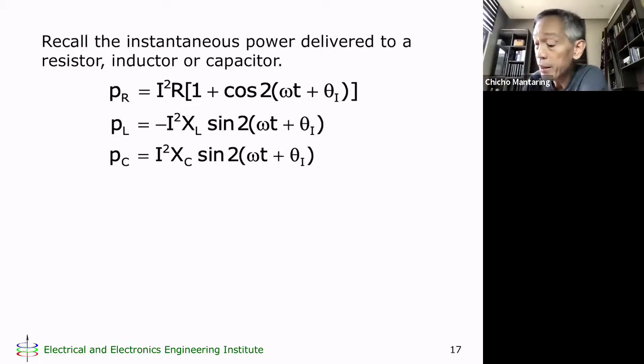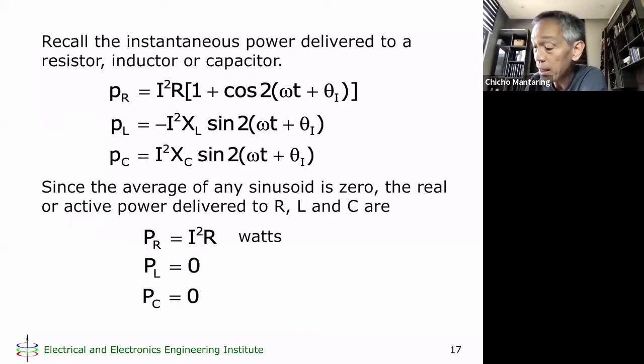Now we use the capital P to denote real power. So again, these are the instantaneous powers to a resistance, to an inductance, to a capacitance. We can see that for a resistance, the real power is I squared R. That is the average value of the power that is delivered to the resistor.